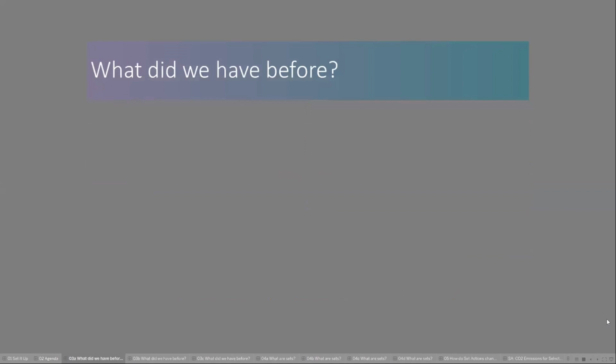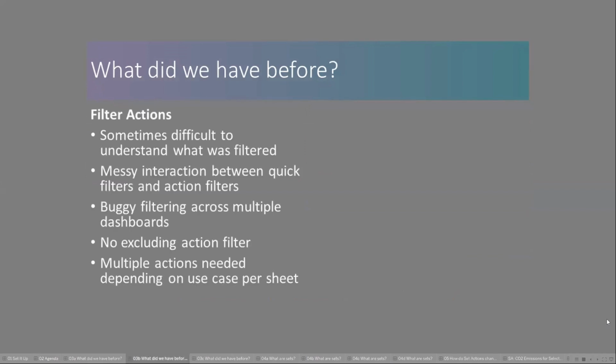What kind of interactivity in the form of actions did we use before Tableau gifted us with set and parameter actions? Well, of course, there were filter actions, and they were great. They still are great. They help us limit which kind of data is being shown. But sometimes users have difficulty understanding what is currently being filtered.